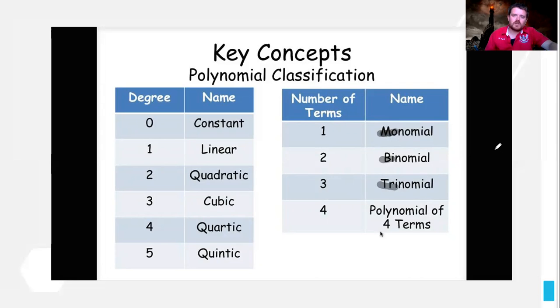And again, you could have a quadrinomial, etc. But typically after 3, we just call it a polynomial. And if you want to be specific, you can say polynomial of however many terms. Okay. So on an assignment, if you're asked to classify the polynomial, you need to do both. You need to tell me the degree, and then you need to tell me the number of terms.